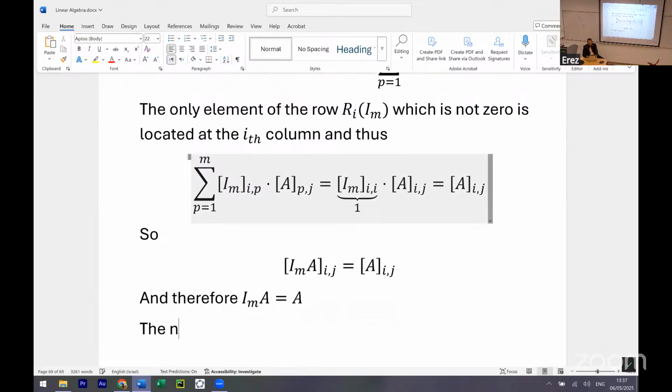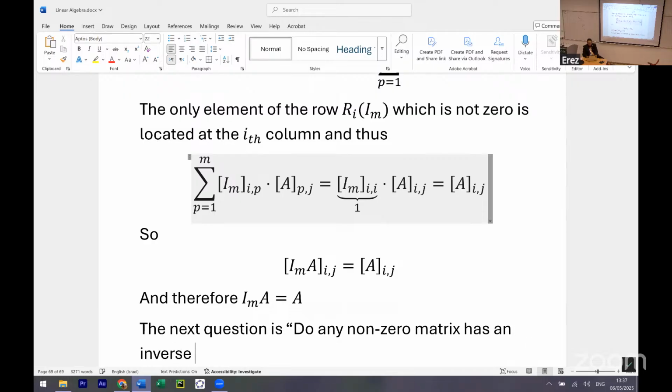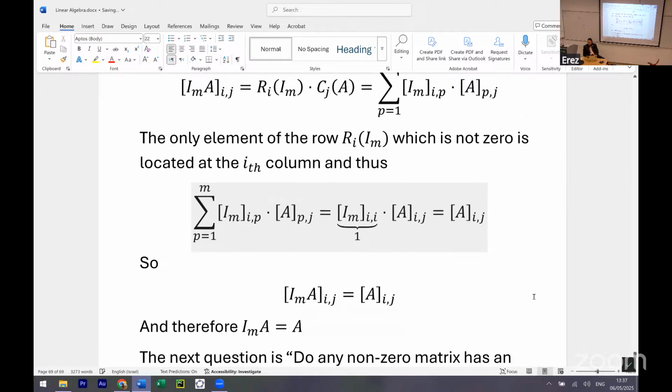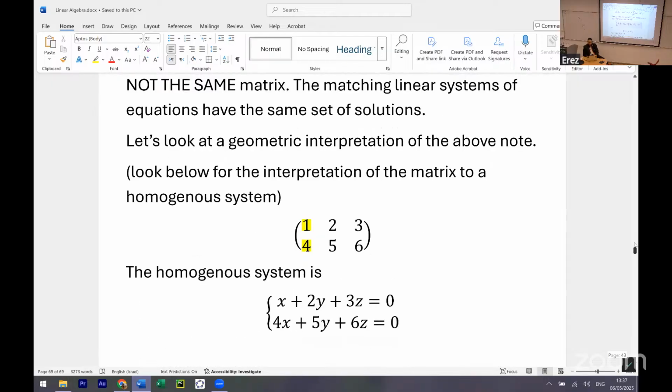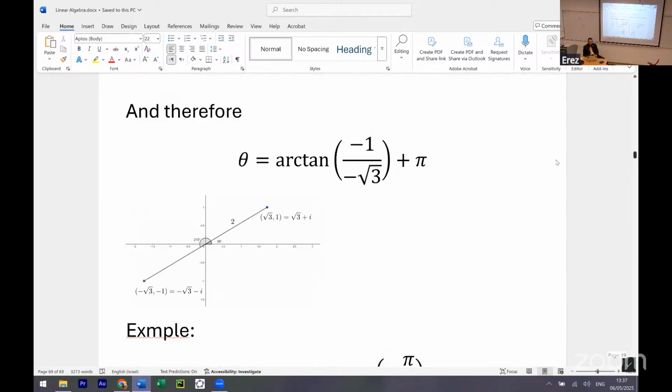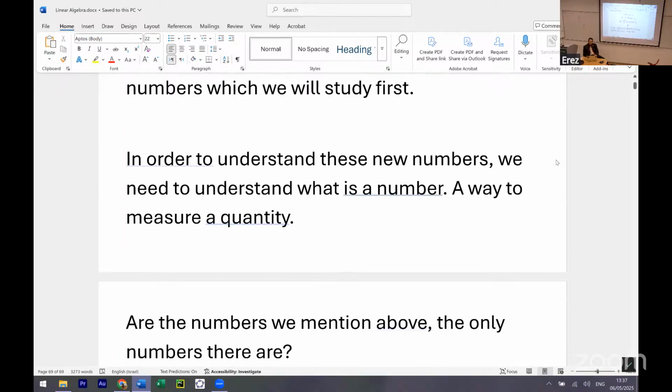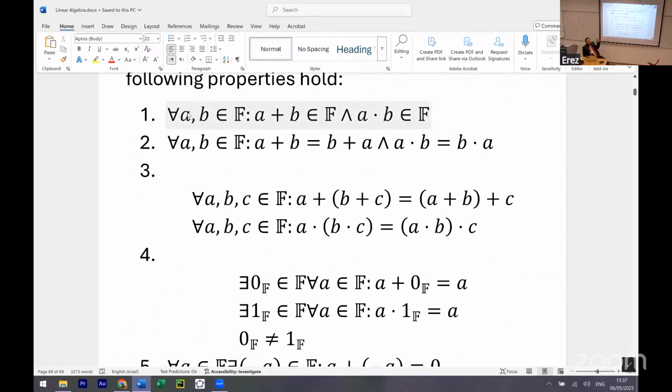The next question is, does any non-zero matrix have an inverse matrix? These are all, if you don't remember, I just want to show you the properties of a field because we're going through all of them. I remember them, you probably less than me. So the first one is the product of two numbers is a number.